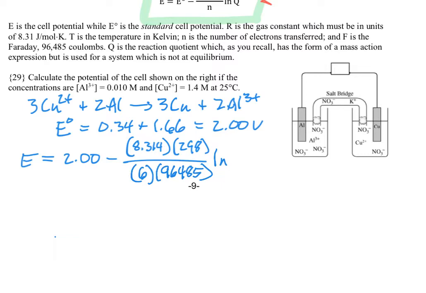And so we see that aluminum 3+ is a product, so that's going to go in my numerator, and that was a value of 0.010 molar, and I'm going to need to square that, divided by the 1.4 molar for the copper 2+, and I'm going to need to cube that.